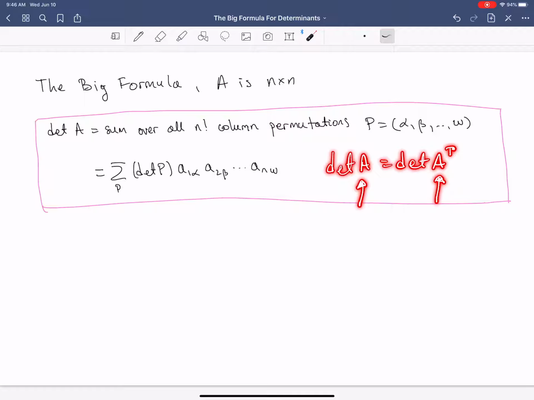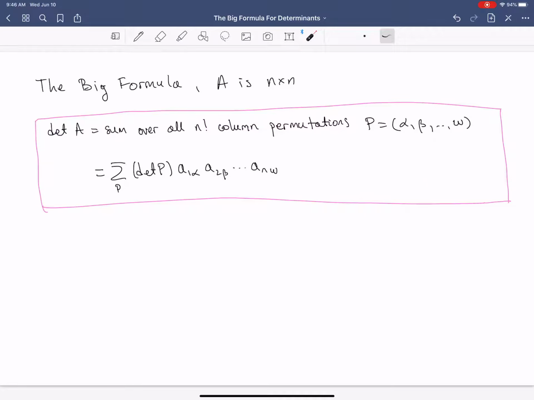So row exchanges produce a negative sign in the determinant. Similarly, column exchanges produce a negative sign in the determinant. If you have two rows that are multiples of each other, the determinant is 0. Similarly, if two columns are multiples of each other, the determinant is 0, because you can interpret column operations as row operations on A transpose.